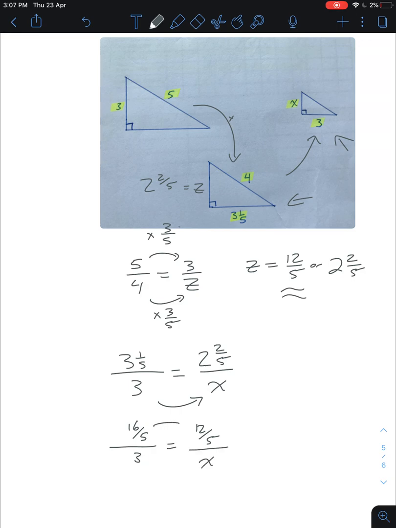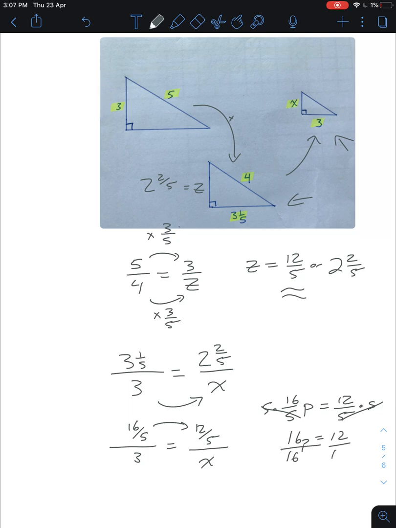So if you look, 16 over 5 times something, okay, let's just call it p, is equal to 12 over 5. Oh, what's that going to be? Well, let's just do a little bit of algebra to figure it out. I know you could plug this into your calculator and kind of figure it out that way, but let's be real mathematicians here, okay? I could multiply both sides by 5. Whoop, that gets rid of my fractions. That's good. So then I've got 16p is equal to 12.